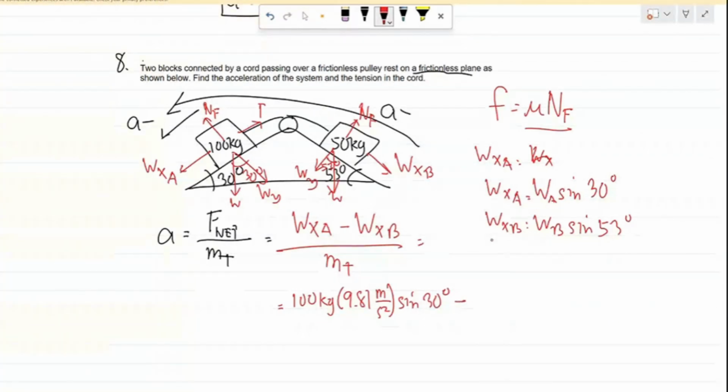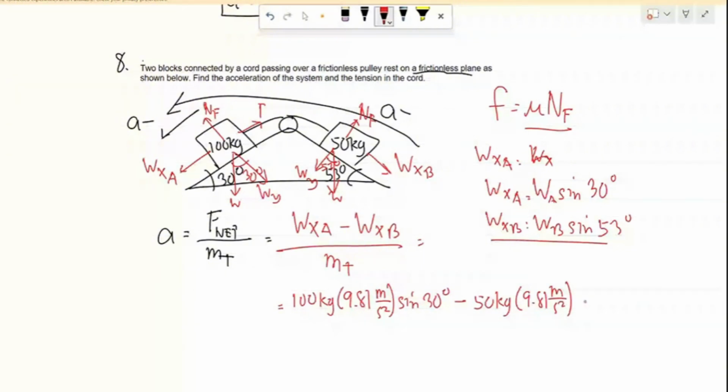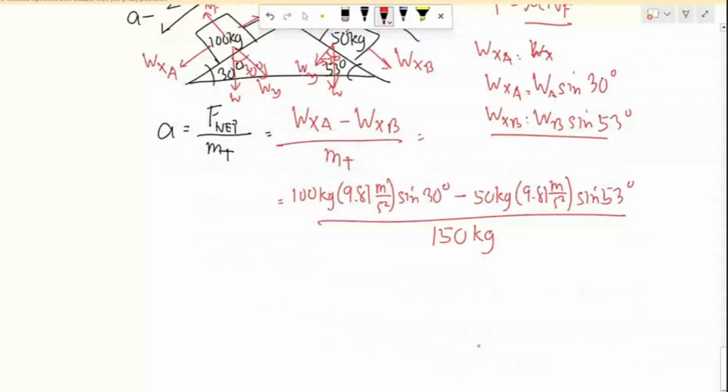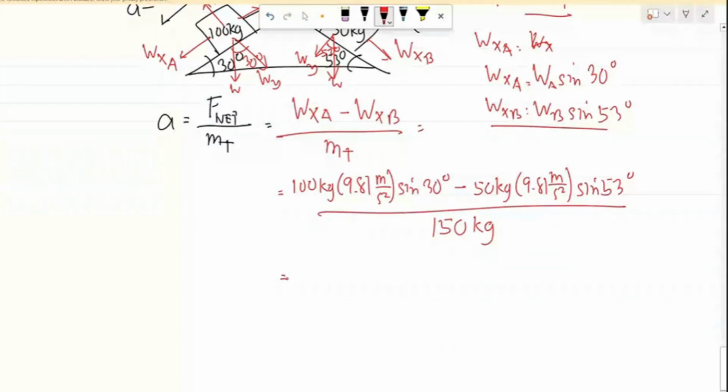Punta po tayo kay WX sub B. Ano po si WB? 50 kilograms times 9.81 meter per second squared. Of course, we have sine of 53 degrees all over yung ating pong mass total, which is what? 100 plus 50, we have 150 kilograms.